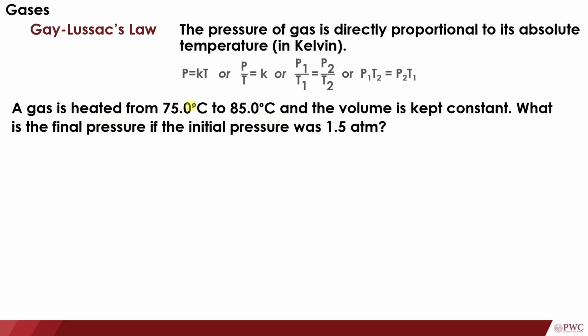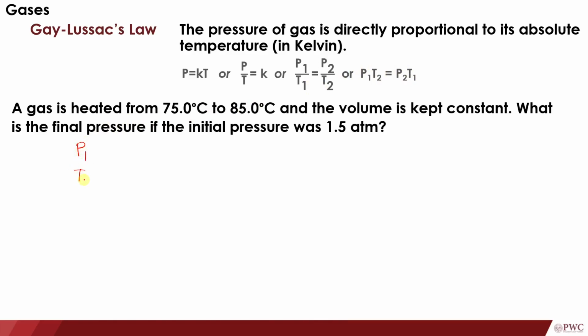A gas is heated from 75.0 degrees Celsius to 85.0 degrees Celsius, and the volume is kept constant. What is the final pressure if the initial pressure was 1.5 atmospheres? So again, let's use this equation over here. First, identify the givens.